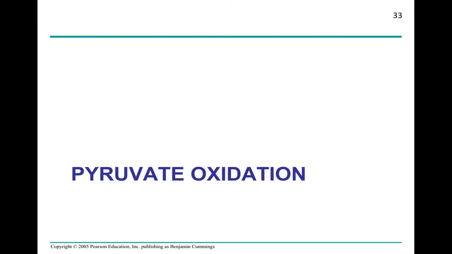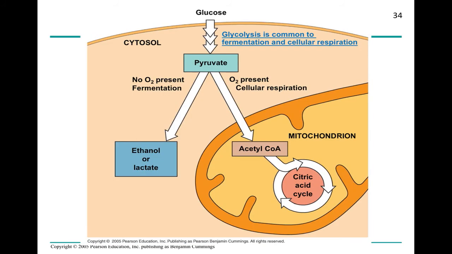Second step, or the intermediate step between glycolysis and citric acid cycle, is pyruvate oxidation.